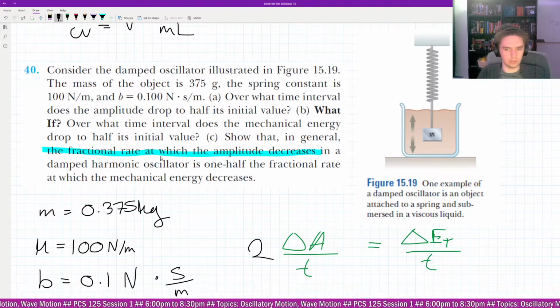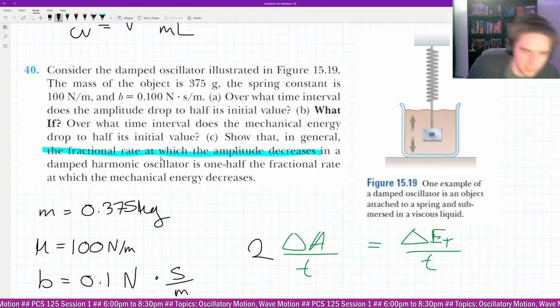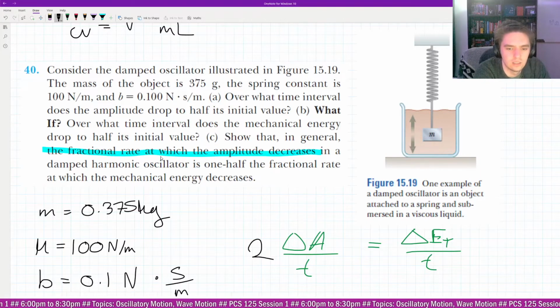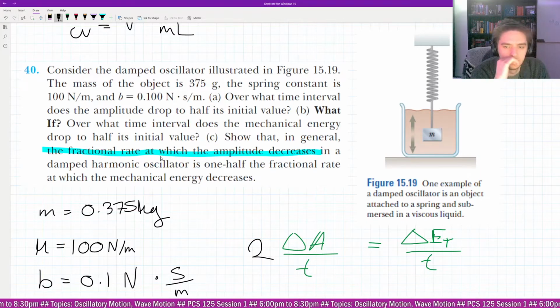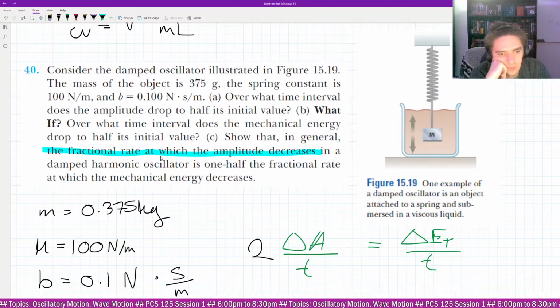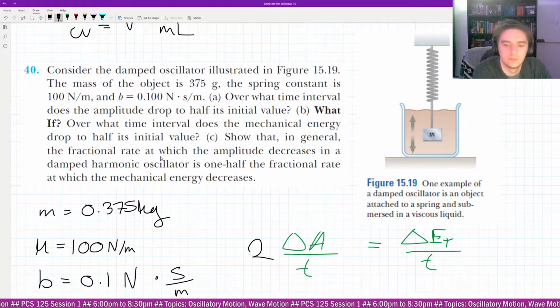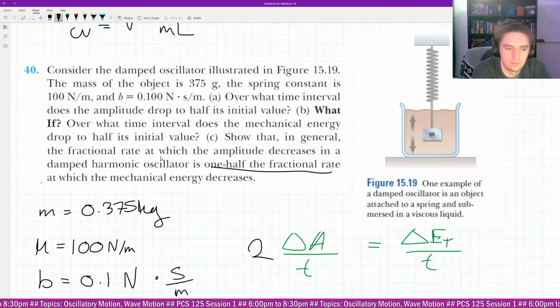Yeah, I was confused at the start too. Okay, no, wait, yeah, you have it right. If you read it out loud, just what the equation says: the fractional rate at which the amplitude changes is equal to 1/2 the fractional rate at which the energy changes.